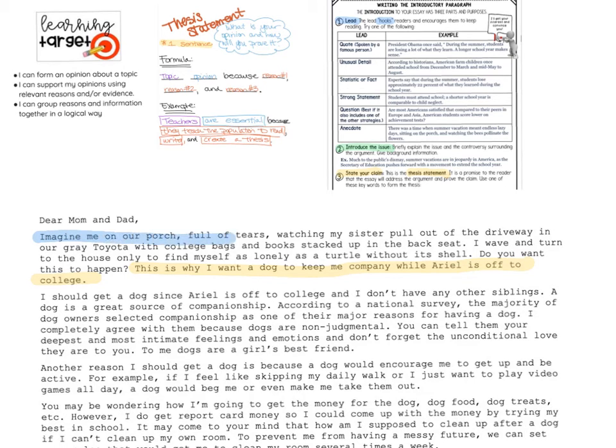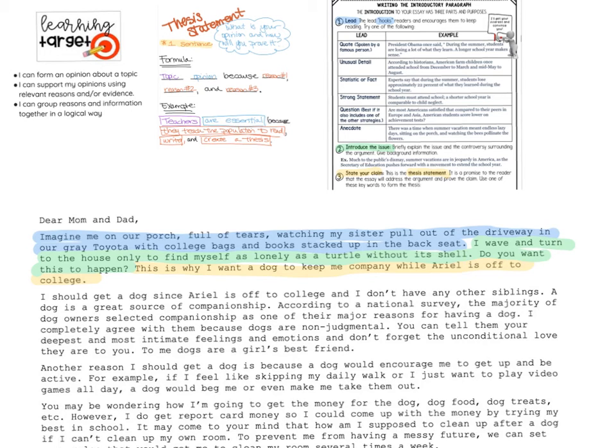"Imagine me on the porch full of tears, watching my sister pull out of the driveway in our gray Toyota with college bags and books stacked up in the back seat." Like I said, that is an anecdote. And then really giving a little bit of background information and introducing the issues would be, "I wave and turn to this house only to find myself as lonely as the turtle with its shell. Do you want this to happen?" So that is giving some background here.